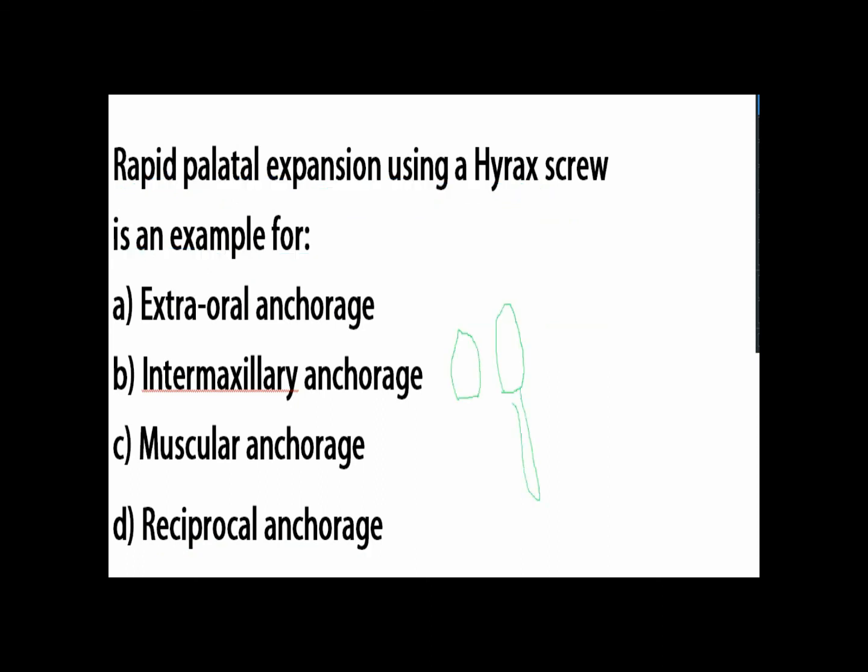Examples of reciprocal anchorage include closure of a midline diastema, that is, moving the two central incisors toward each other, and also the use of cross-bite elastics and dental arch expansion.